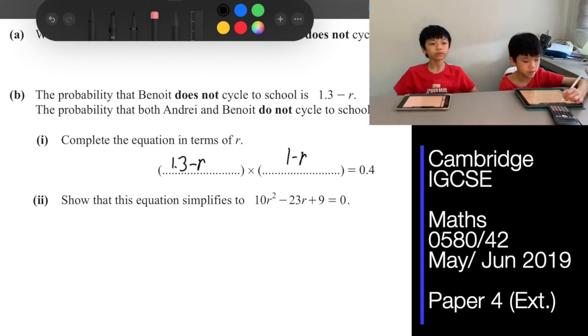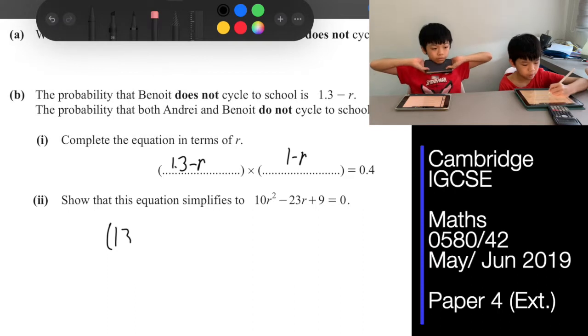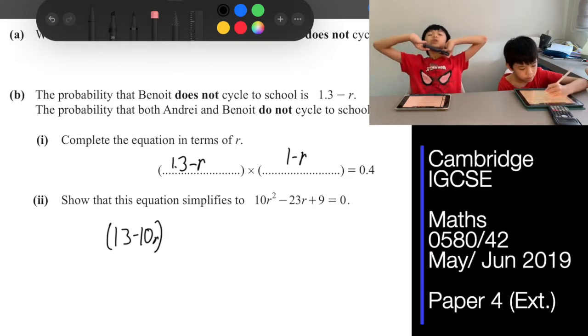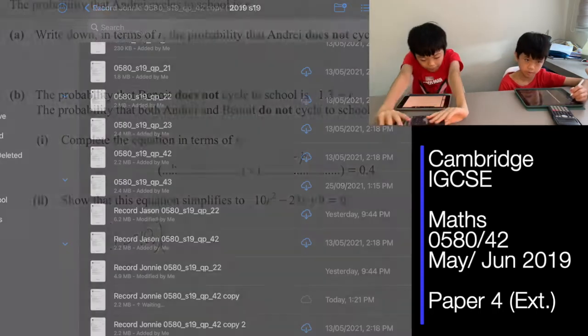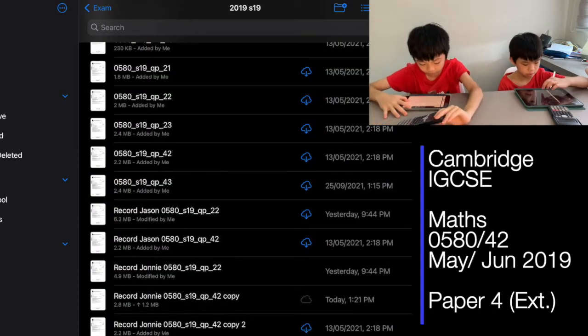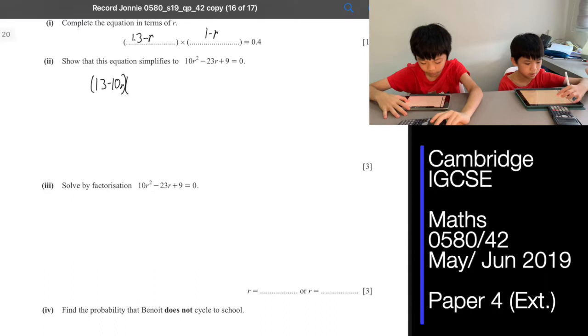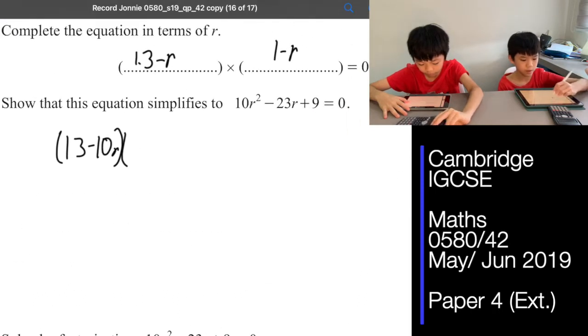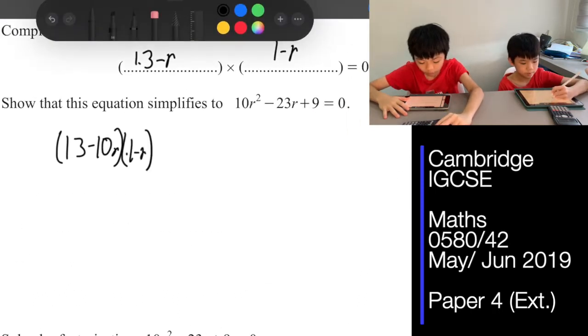We can basically eliminate the 1.3 to make it 13 minus 10r. And then the right side, do we need to multiply it? No, we don't need to multiply the right side.